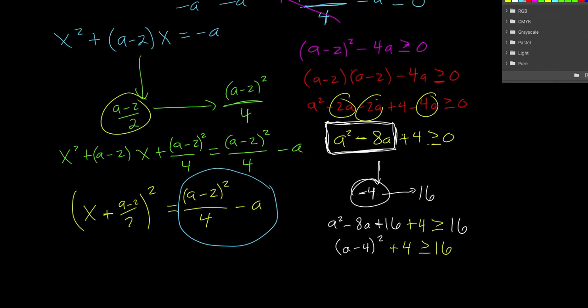Now we can just subtract 4, we get a minus 4 quantity squared is greater than or equal to 12. And if we continue to solve that, we square root, so a minus 4 is greater than or equal to plus or minus square root of 12.